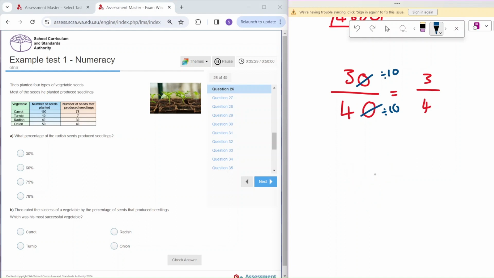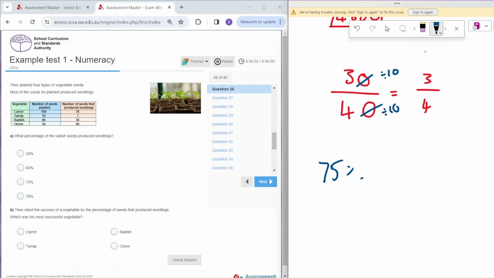Awesome. Now that we've got 3 over 4, what is 3/4 of 100? 75%, right? So the answer is 75%. Another way you can do this is to bring the bottom number to 1, 10 or 100 and work it out that way.